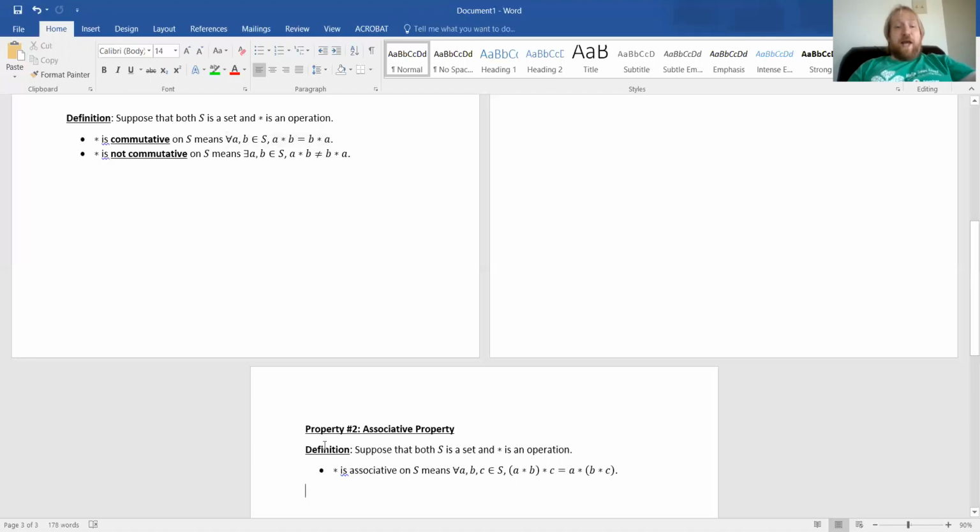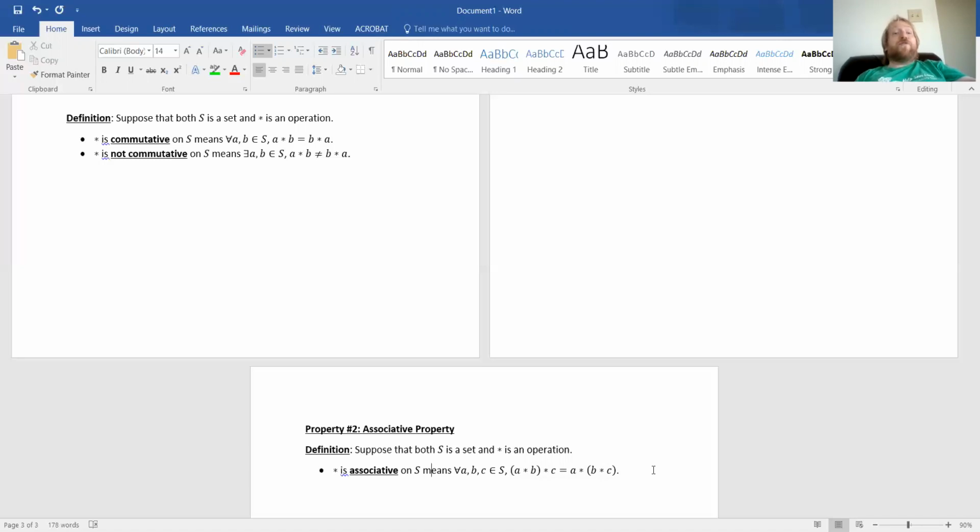Associative, on the other hand, involves three elements, A, B, and C, and it says that you may move where the parentheses are written. Notice in the definition of associative, we're not reordering the elements. We have A on the left, B in the middle, C on the right, on both sides. Instead, we are just moving the parentheses.